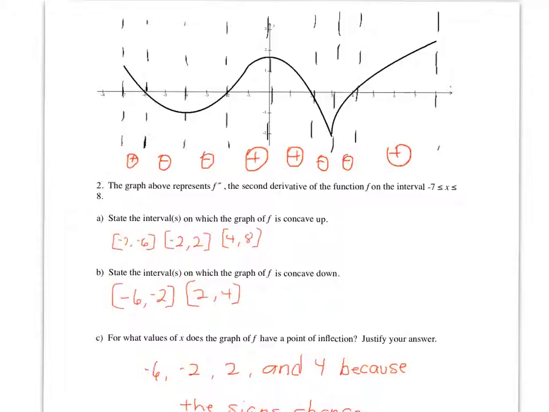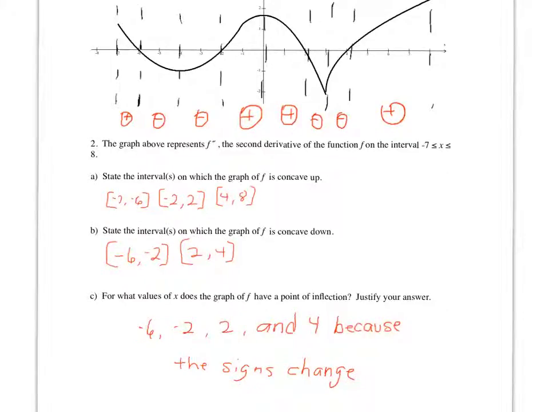The intervals at which it concaves down are just the ones that I did not list, which are -6 to -2, and 2 to 4 right here, and from here to here. Anything underneath the negative sign. In order to find inflection, the signs must change from positive to negative or negative to positive, and it's at -7.